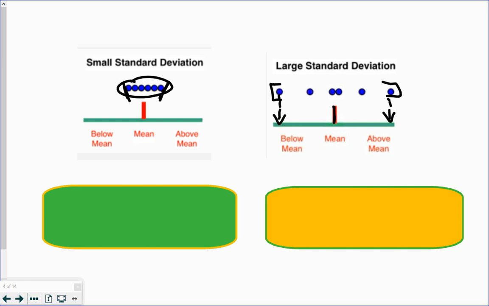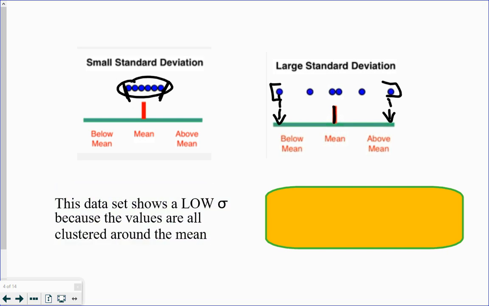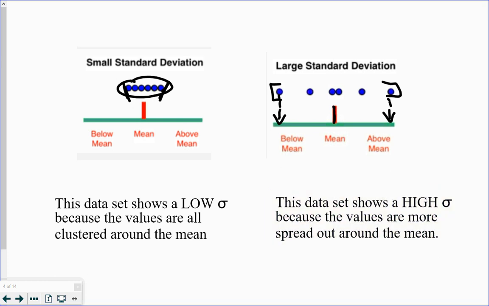Okay, so they have the same class average, but the actual marks are very different. So this data set shows a low standard deviation because the values are all clustered around the mean. And this data shows a high standard deviation because the values are more spread out around the mean.